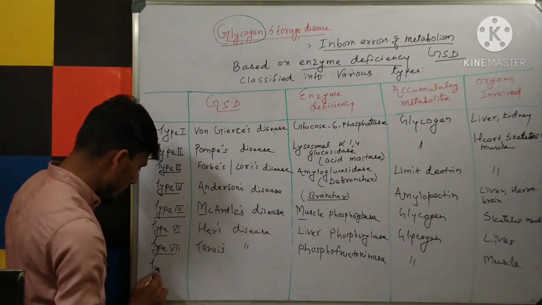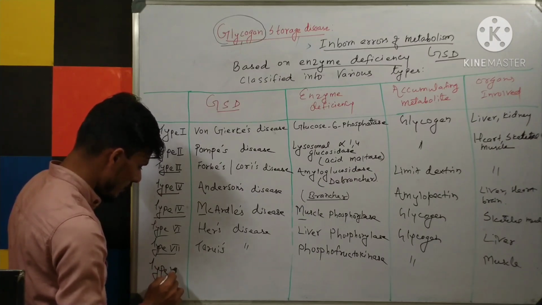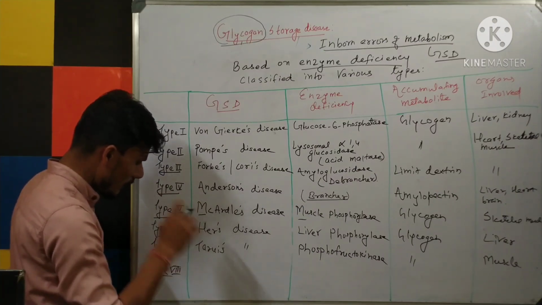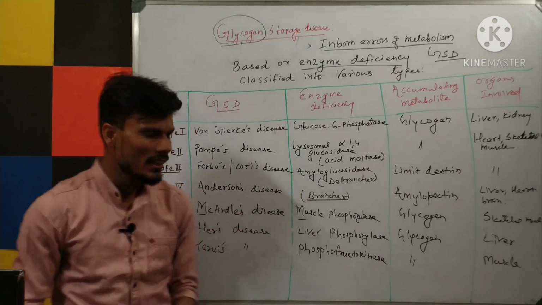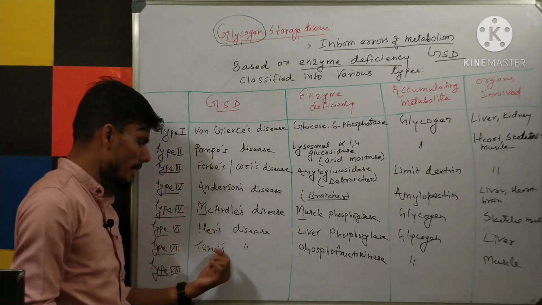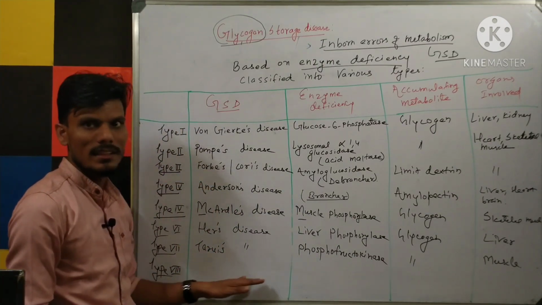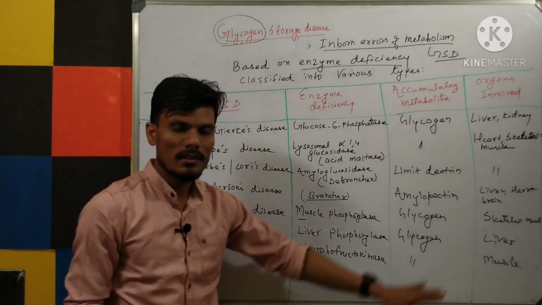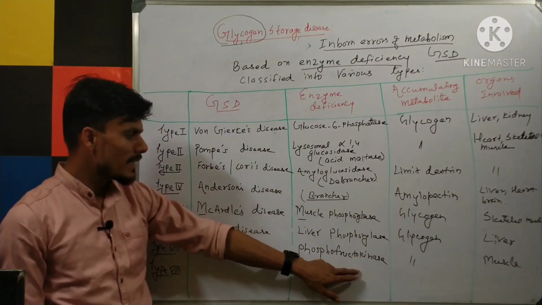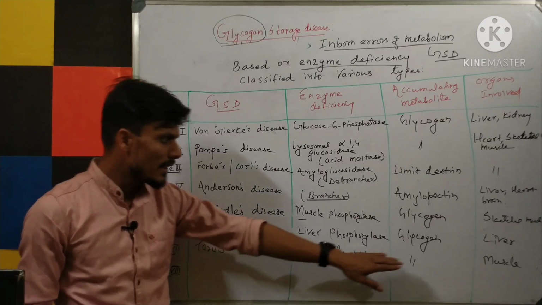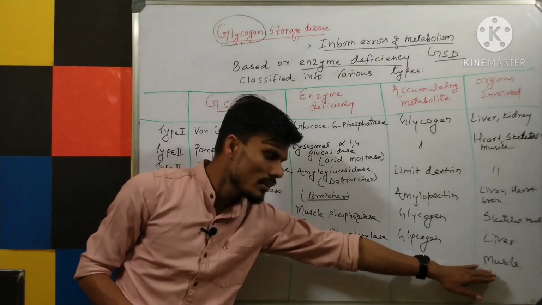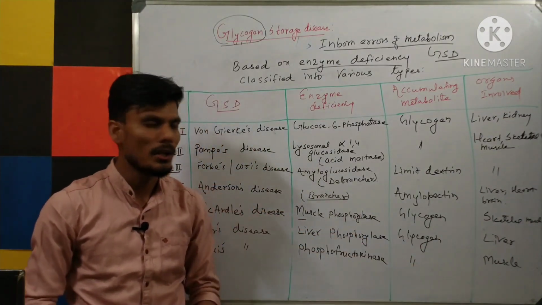Now, coming to type 8. In some textbooks, you will find that type 7 and 8 are not mentioned; there is still a gap. But according to research, it has been found that this enzyme will be deficient and there will be accumulation of glycogen, meaning the glycogen is not converted into glucose.